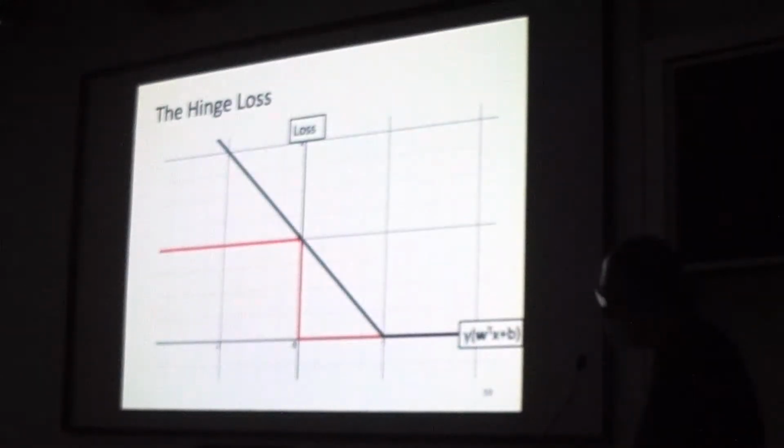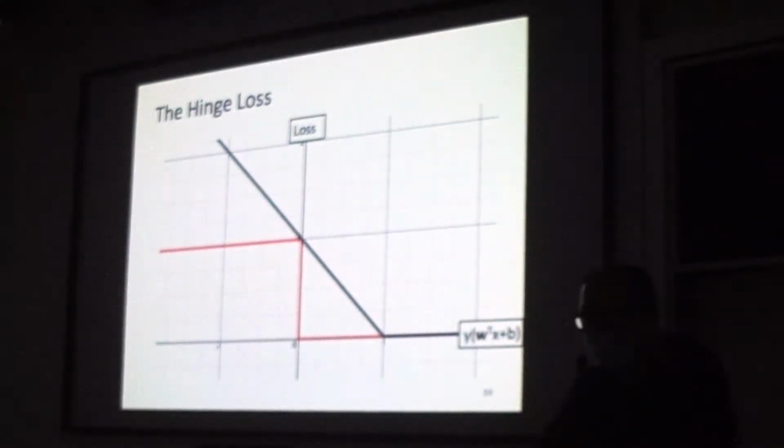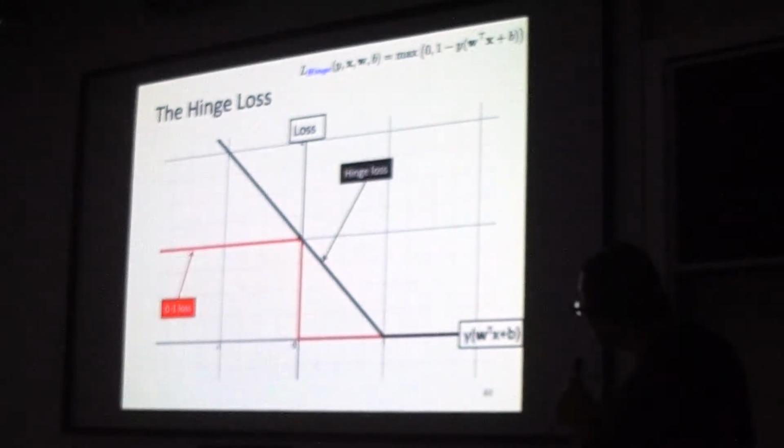To give a more intuitive look at the hinge loss, here we show a figure of it. The x-axis is the product between the ground truth and your decision score, which is also referred to as the function margin. The black line represents the hinge loss, and the red line represents the 0-1 loss.